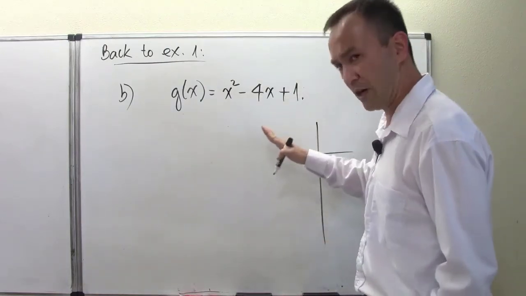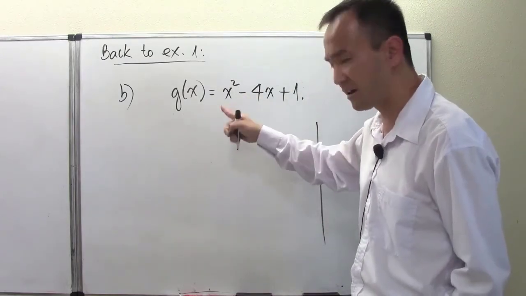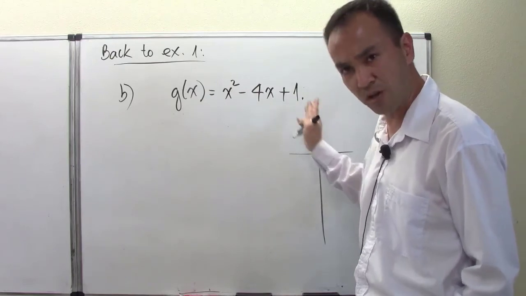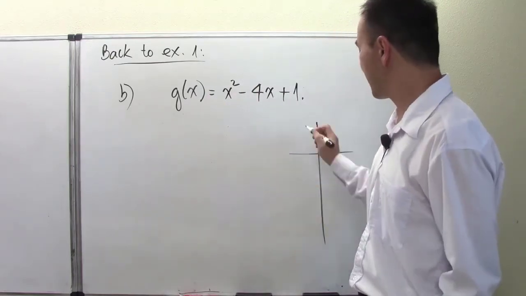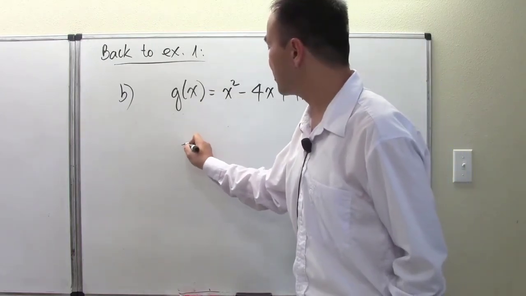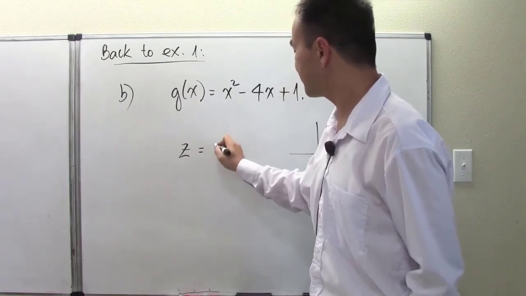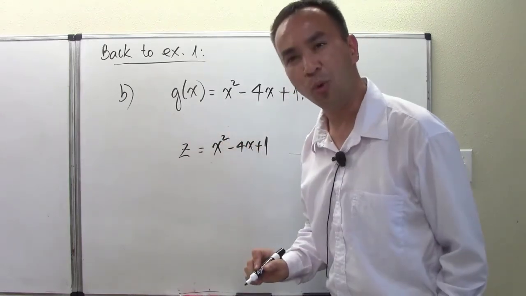So in the problem itself, I clearly indicated which variable was the input and which variable was the output. We got it all clear at the end of that example 1 part B already. And then I still remember clearly I called this z equals x squared minus 4x plus 1. That was in equation notation right there.